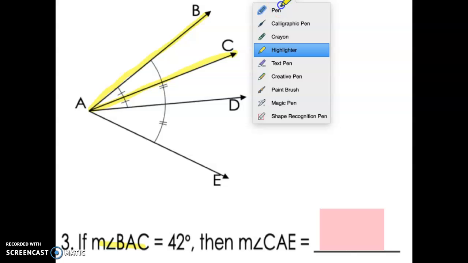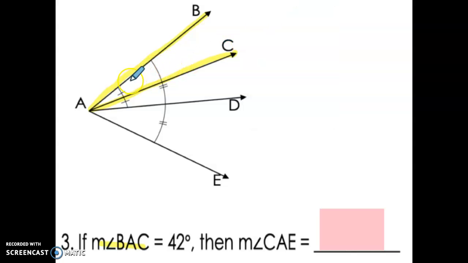And I'm going to write down here that this angle is 42 degrees. That would mean that angle CAD is also 42 degrees. So I'm going to mark that on my picture because remember, they each have 1 hash mark for their congruency marker.